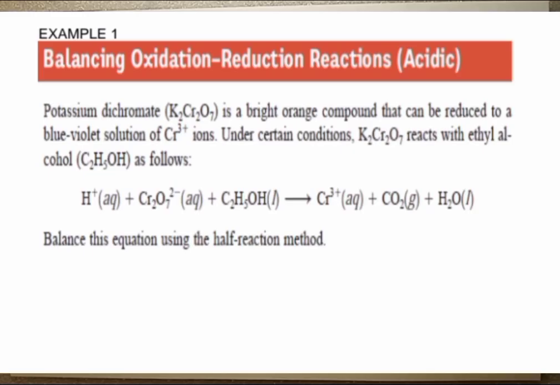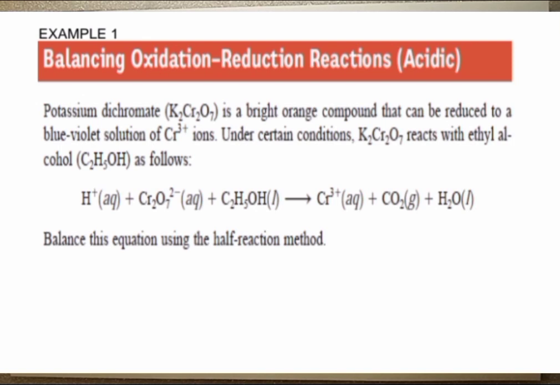Example 1 reads, potassium dichromate is a bright orange compound that can be reduced to a blue violet solution of chromium ions. Under certain conditions, potassium dichromate reacts with ethyl alcohol, or ethanol, as follows.